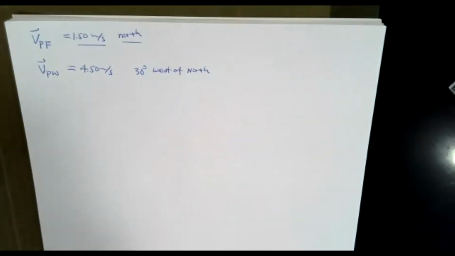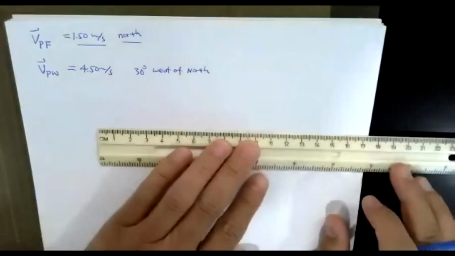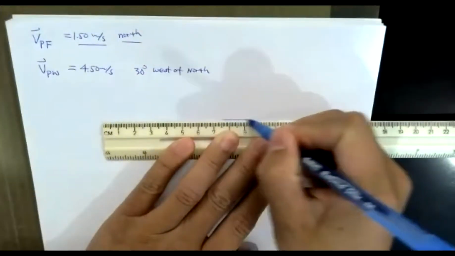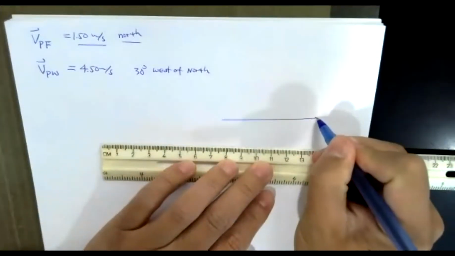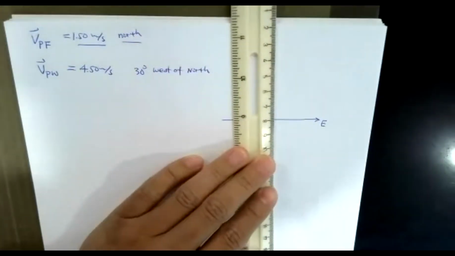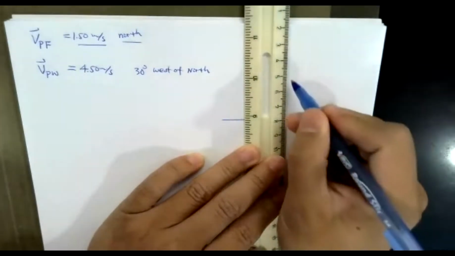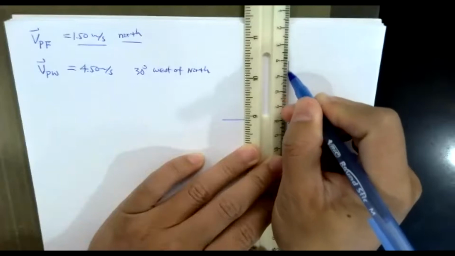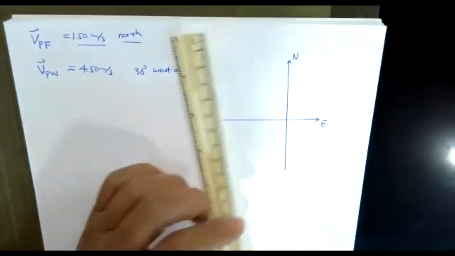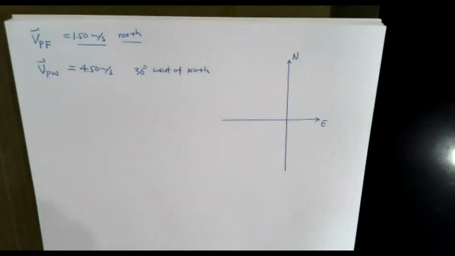So then we need to put this on a graph. Let's draw a graph here. Instead of X and Y coordinates, I'm going to use east as the positive horizontal and north as the positive vertical. We are given two vectors.